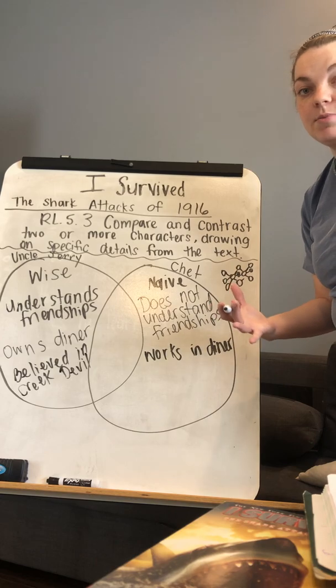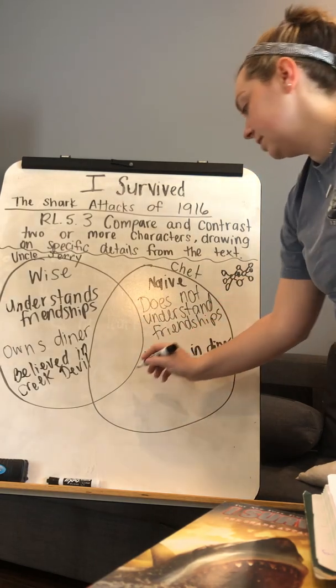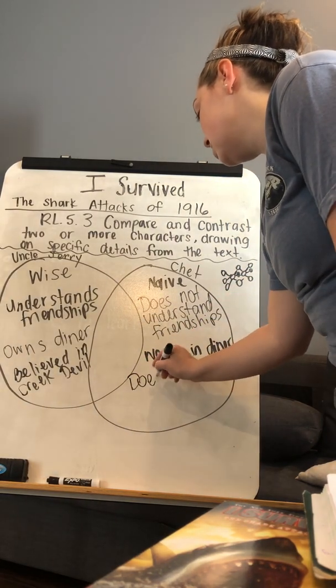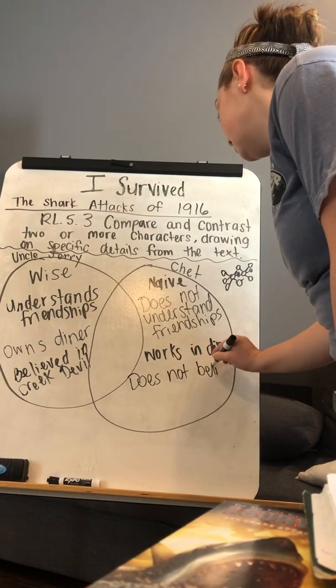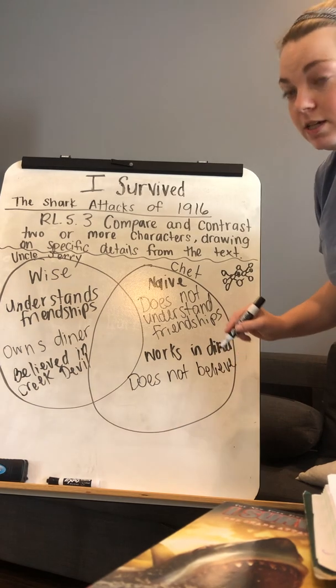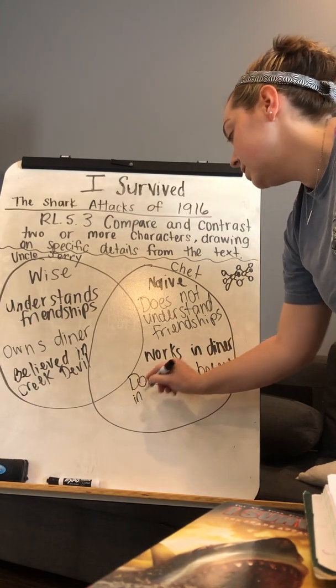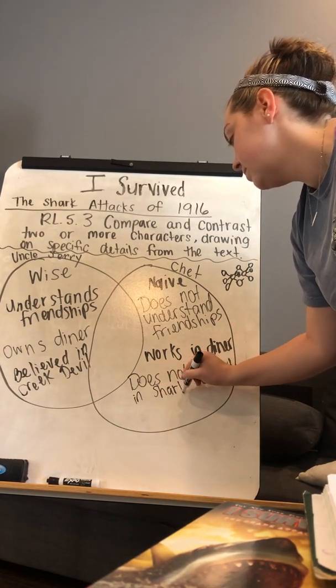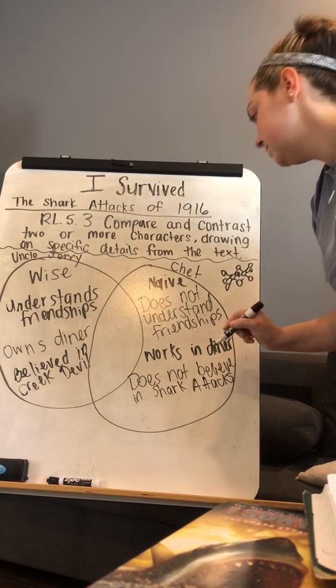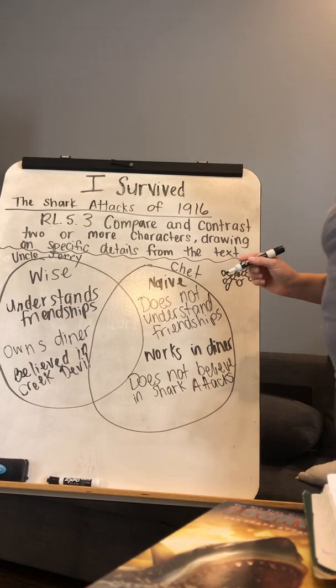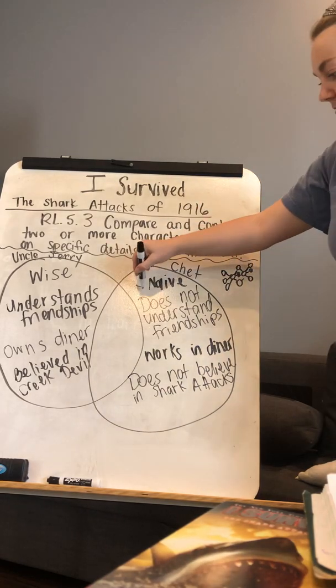No, he thinks that they're a prank too because of what Uncle Jerry's telling him. So that's a difference between them. Now, does Chet eventually believe in the shark attacks? Absolutely, because he gets attacked. Okay, so that's lots of differences.